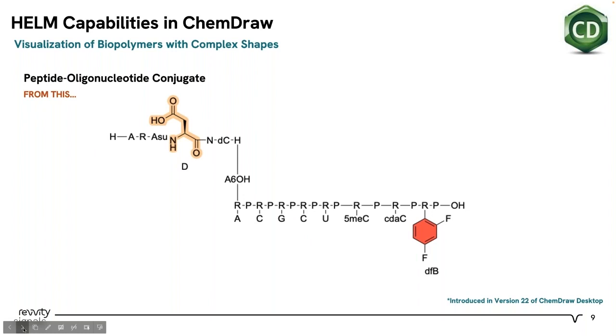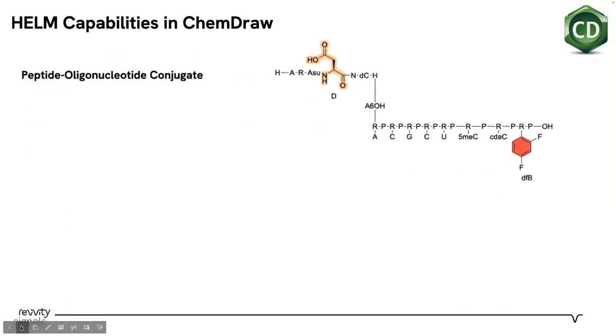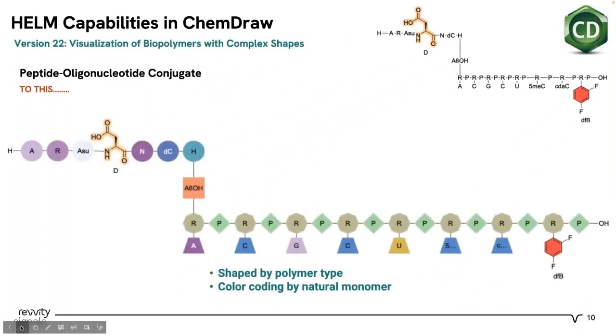However, because of the difficulty of actually distinguishing between the different polymer types like peptides or oligonucleotides or the chemical linkers, just from that text-based format, we actually have created an additional style that was part of the 22 release of ChemDraw that allows ChemDraw to now render sequences in a graphical representation. And so this allows this peptide oligonucleotide conjugate that you see on the screen to go from this text-based view to a nice new colorful and graphical view.